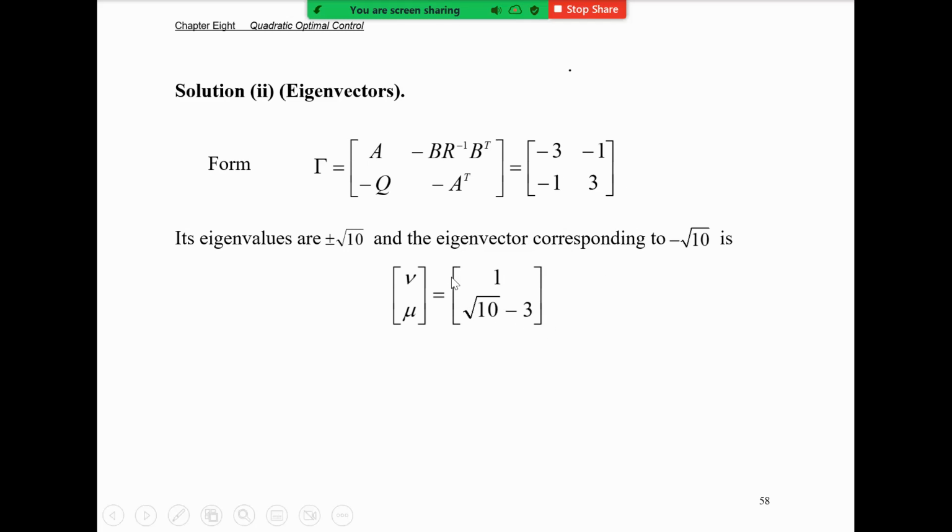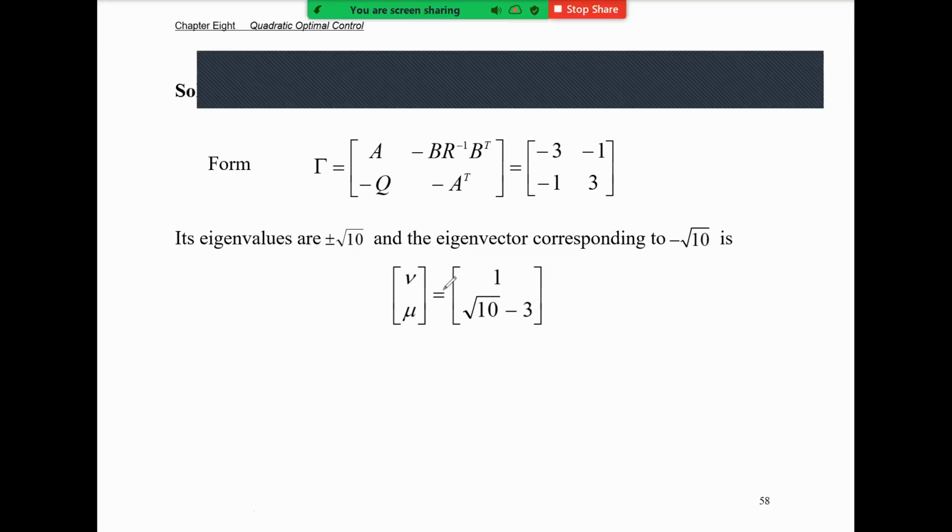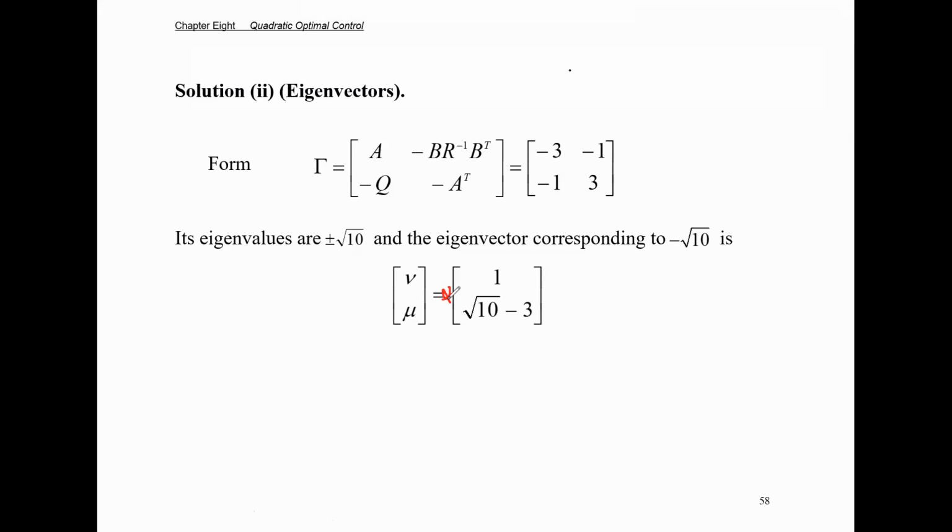I can put a scalar factor, and that will always be an eigenvector, but that scalar factor will not affect the solution. So in reality, you just pick one simple form of the eigenvector, which will simplify your calculation.